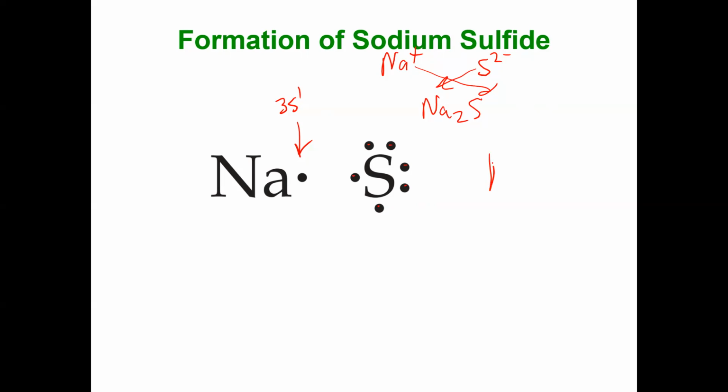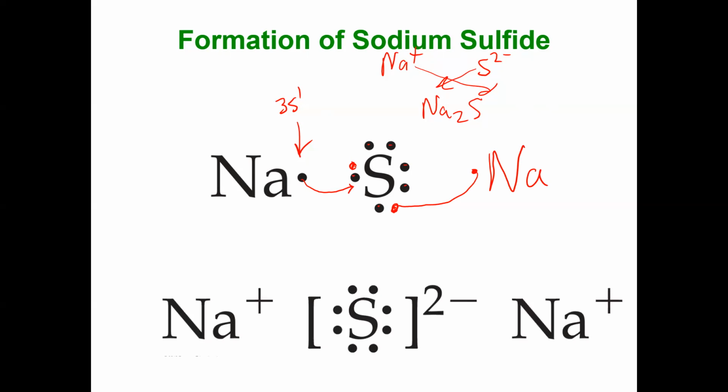So how does it do that? It's going to require not 1, but 2 sodiums willing to lose electrons and make that sulfide happy with an octet. So that's essentially what it does. Each sodium loses its 1 valence electron to be like neon in this case, because sodium has 11 electrons, one valence electron, and now it drops down to neon.